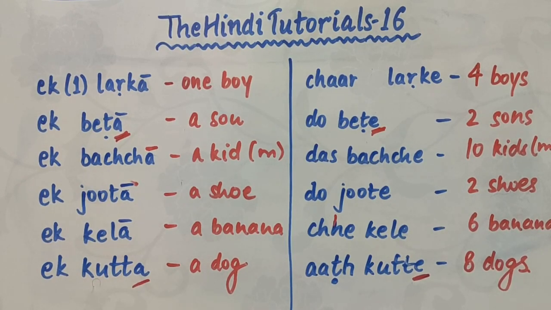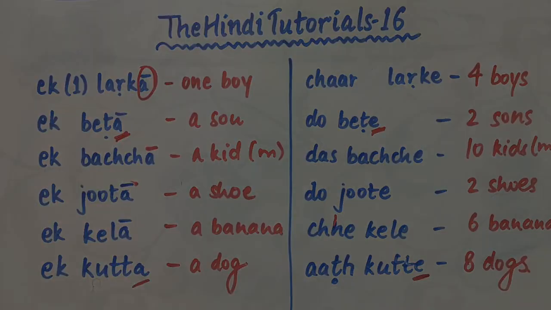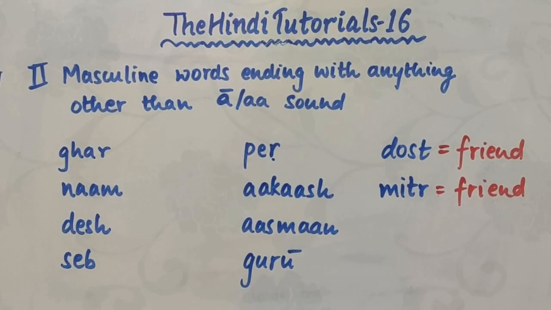You see, this is very simple and clear. The "a" sound converts into the "a" sound when the noun converts into plural. This happens only in the case of masculine words that end with an "a" sound. ठीक है? The second type of words are the words ending with any sound other than the "a" sound. ठीक है?